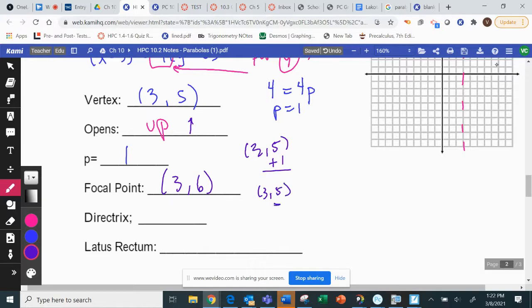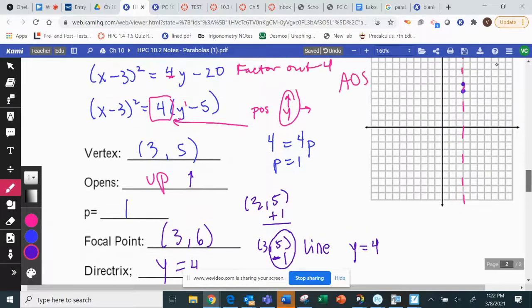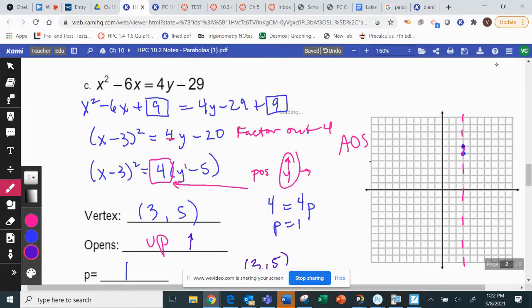We're going to go the opposite direction as p, so I'll go minus 1, and it's going to affect y. But this is an equation. It is a line. So the number that changes is the variable that I use in my line. The 3 is the same for all of them. So y equals 4 is my directrix.